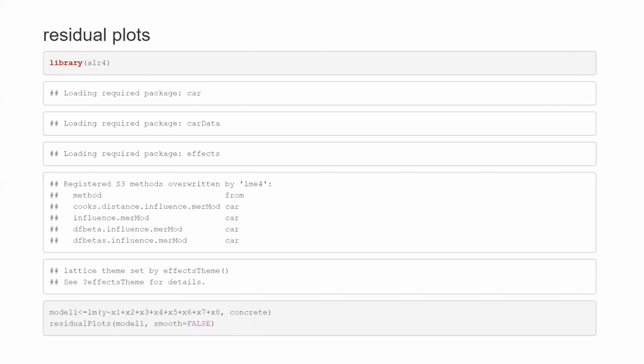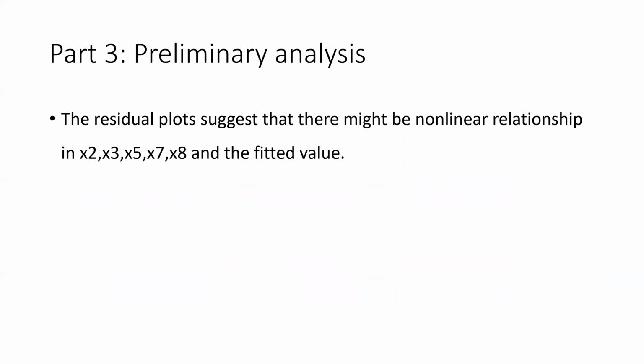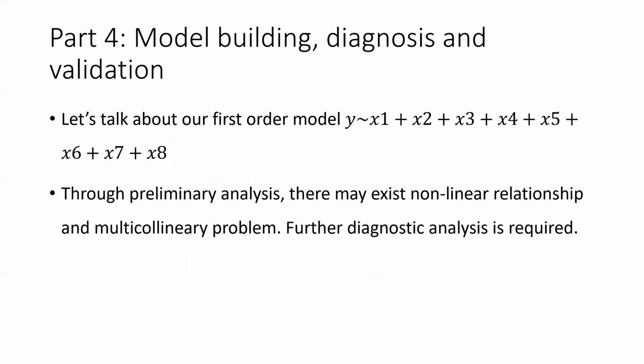So here we draw the residual plots to see if anything happened. And here we can see there may exist nonlinear relationships in X8, the fitted values, and maybe in X5, X2. And in the first part, we will build our model, perform diagnosis and validate our final model.